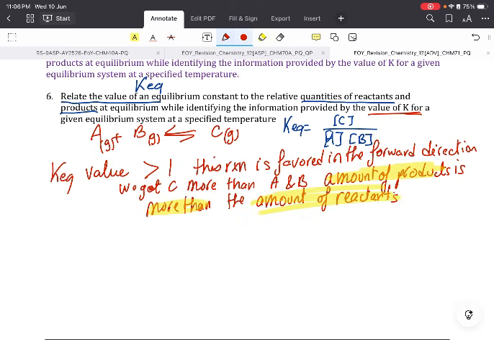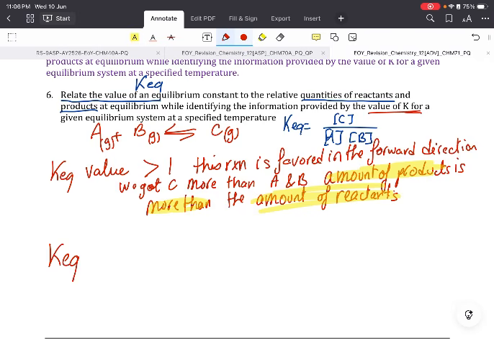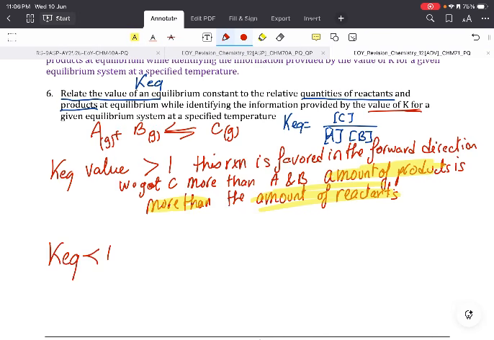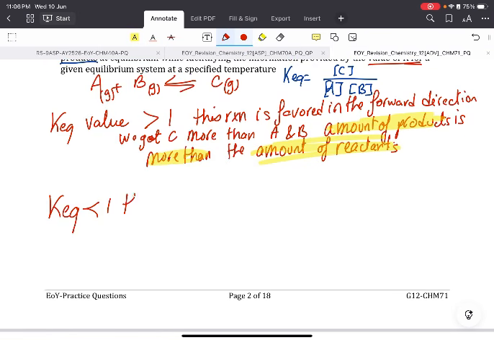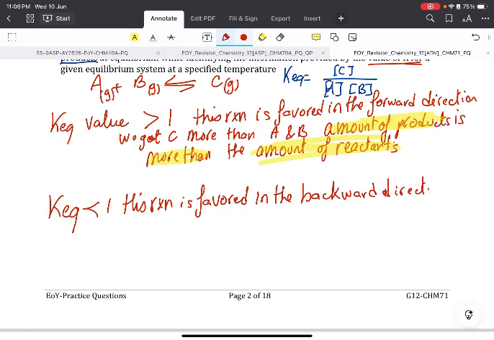Now, in another condition, if K equilibrium value is less than 1, this means that this reaction is favored in the backward, in the reverse direction.